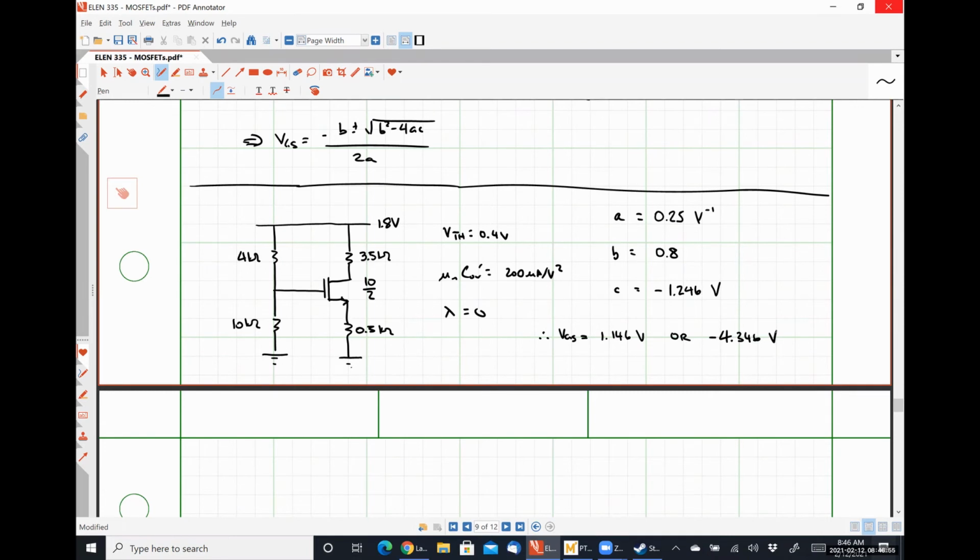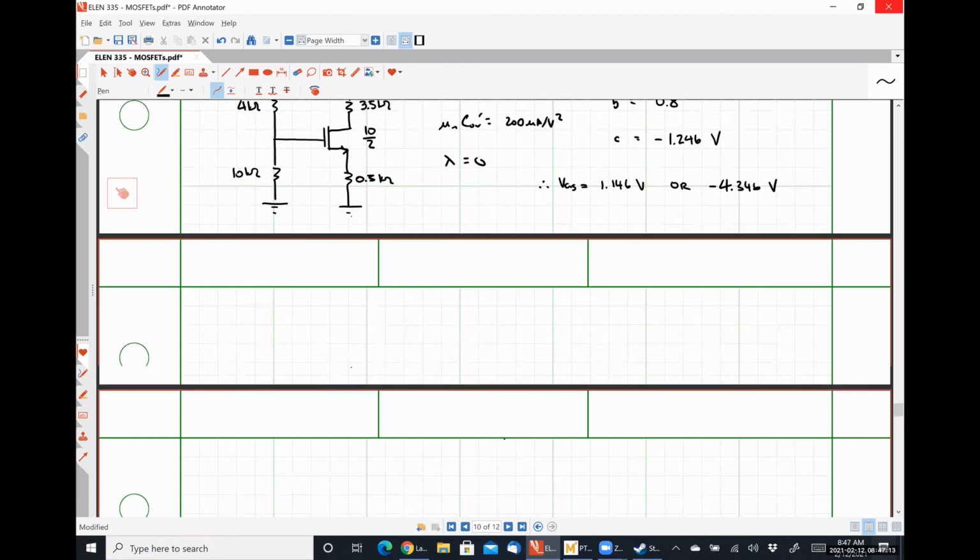All right, so how can we further test whether we have made the right assumption for the device being in saturation? Well, now that we know VGS, we can calculate the corresponding drain current ID, right?